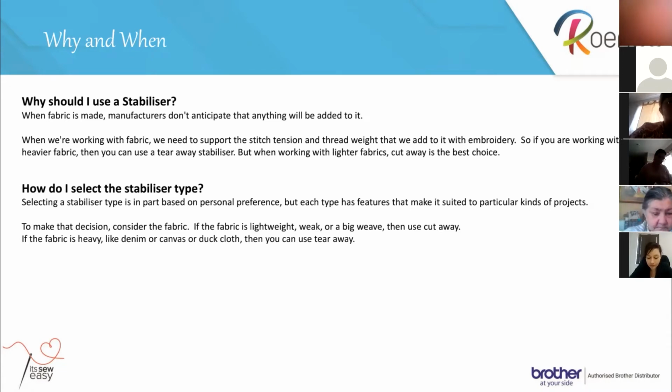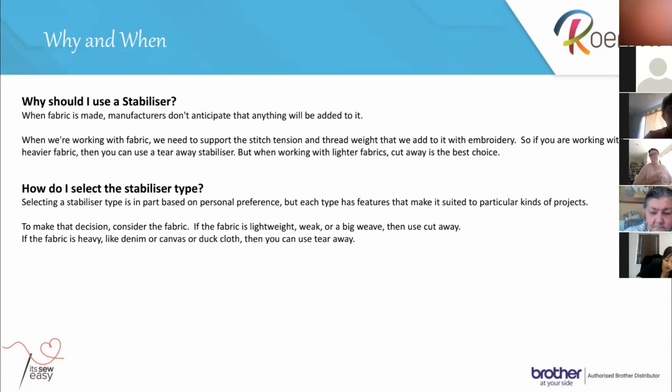embroider. And then each different stabilizer, with the Cutaway, the stitch and tear, or the Washaway, you use on specific suited projects and products as well. So sometimes you have to use a Cutaway, and sometimes you have to use a Washaway, and you cannot use anything else.